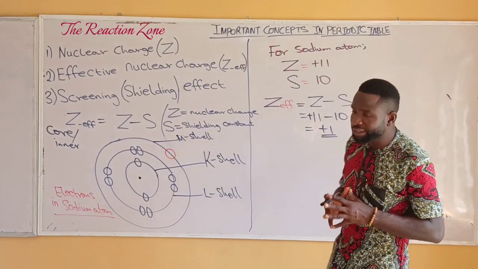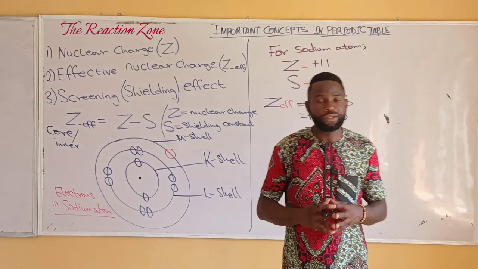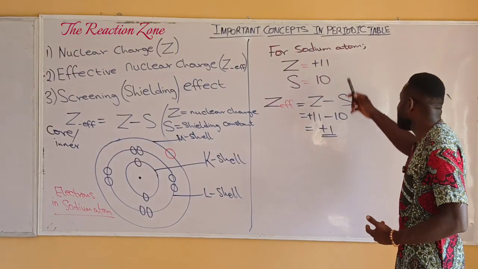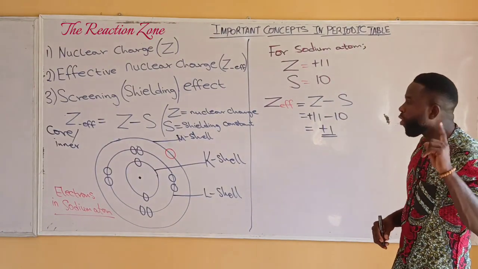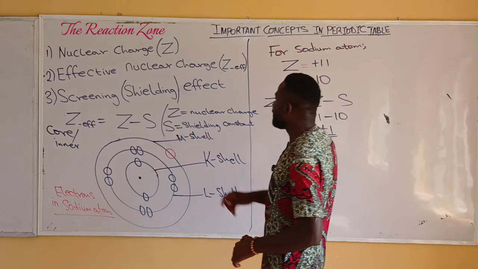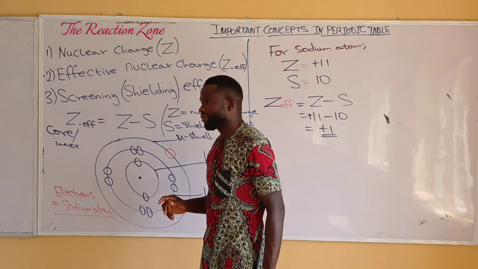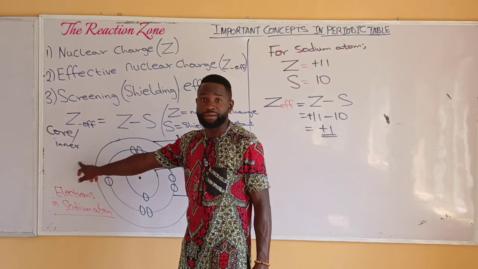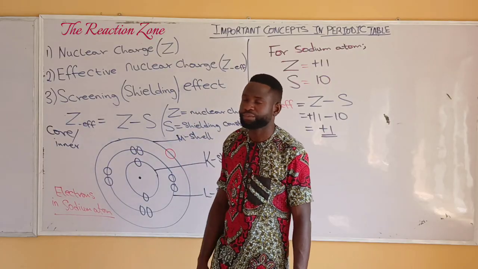The value of effective nuclear charge is usually lower than the value of the nuclear charge because of the shielding effect due to the core or inner electrons.